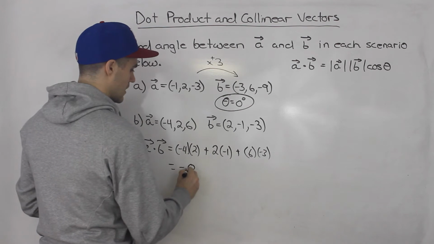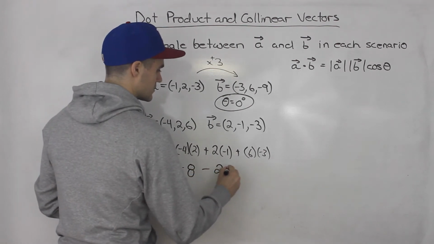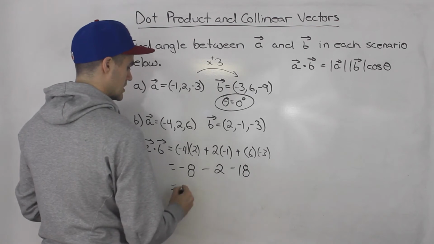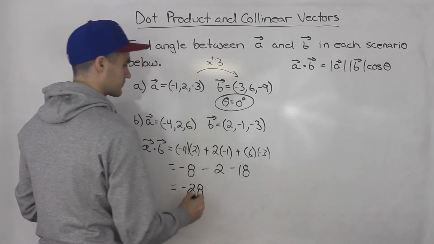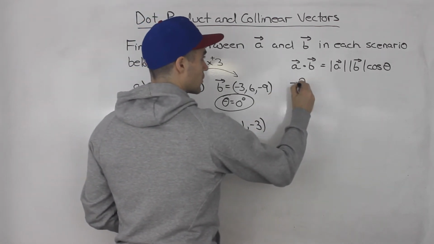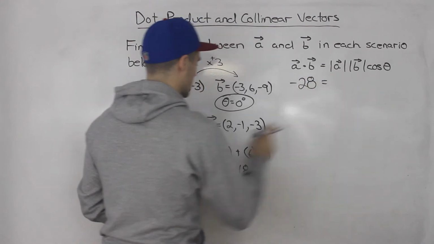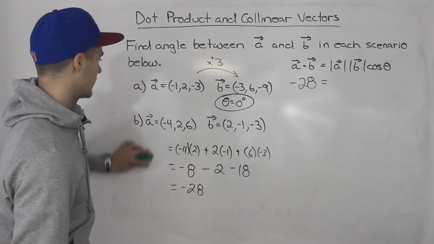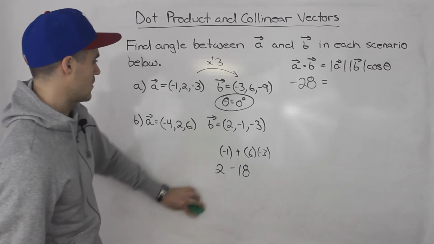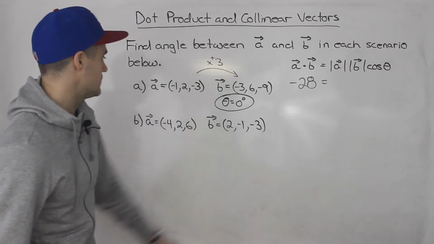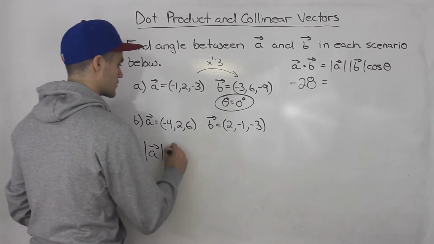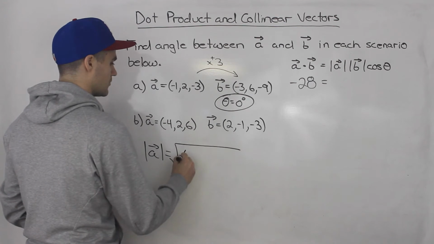So this would be -8 minus 2 minus 18, -28. So we know the dot product between these two vectors is negative 28. What about the magnitude of A? Well, we would take the square root of the sum of the components squared.